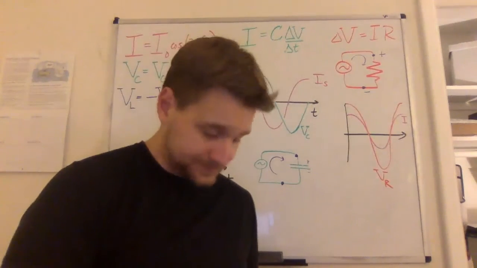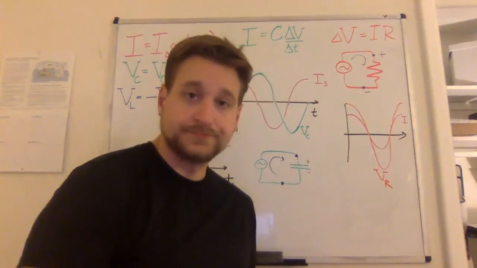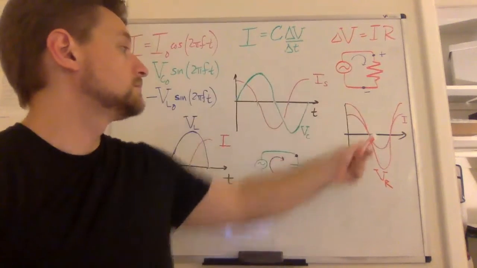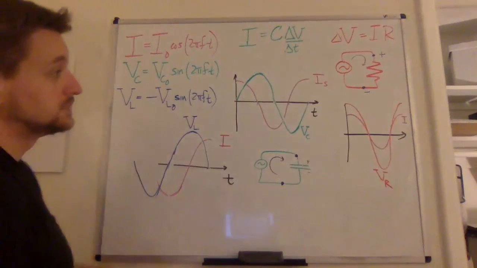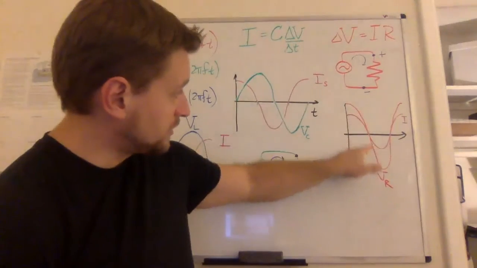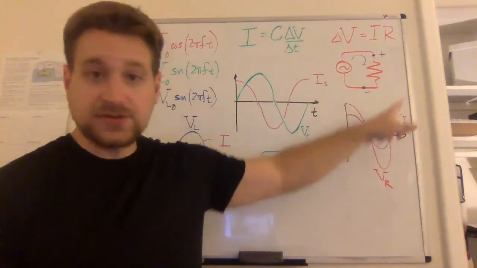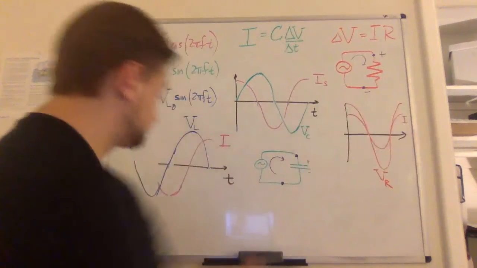Last but not least, the resistor. Now, if the pink curve is a cosine, the red curve is a cosine also. It just has a different amplitude.